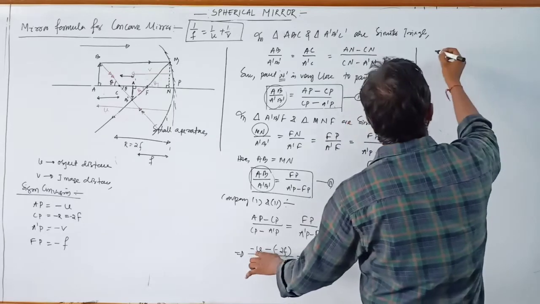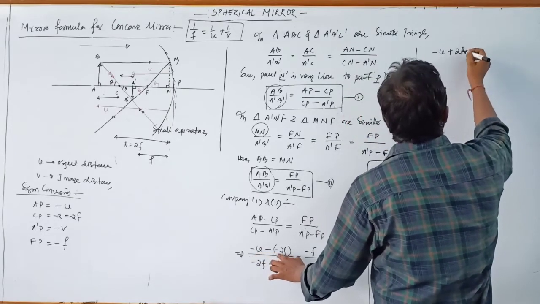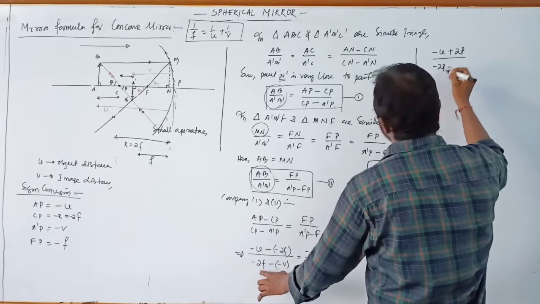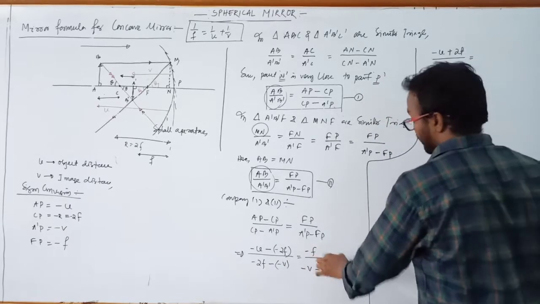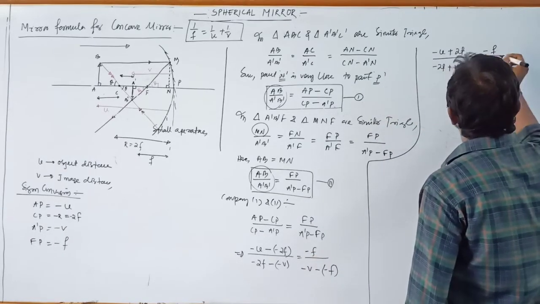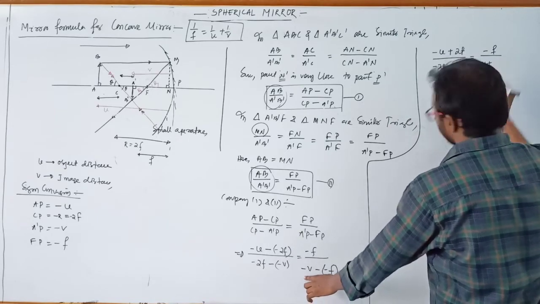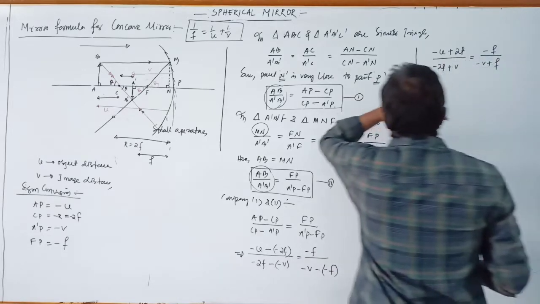If we write this relation: minus u, minus minus gives plus, so 2F divided by minus 2F, minus minus plus, is equal to minus F divided by minus V, minus minus plus F. Now solve this relation.